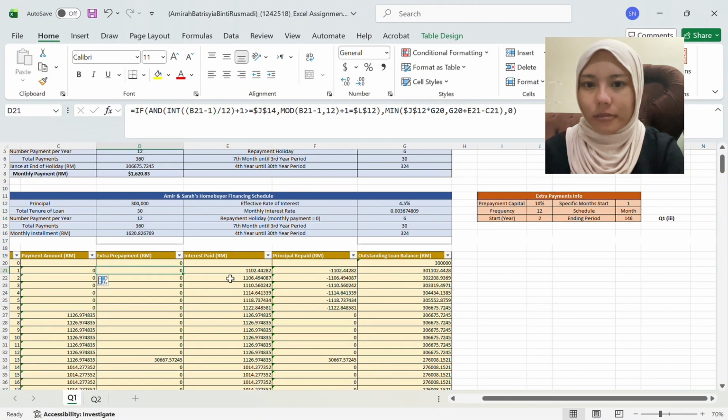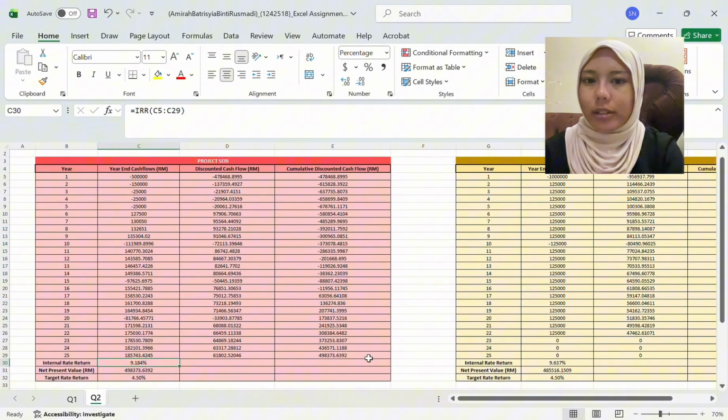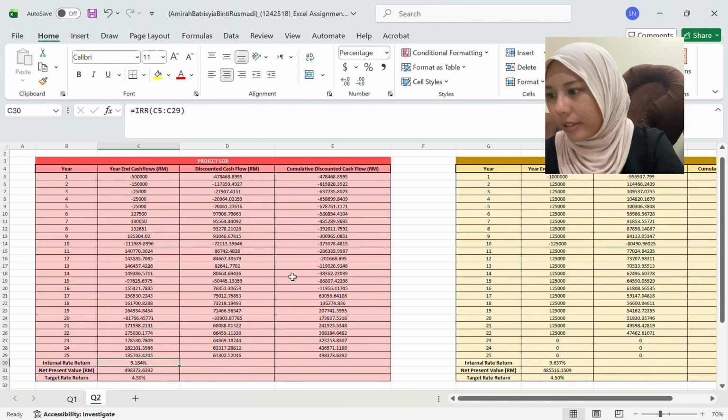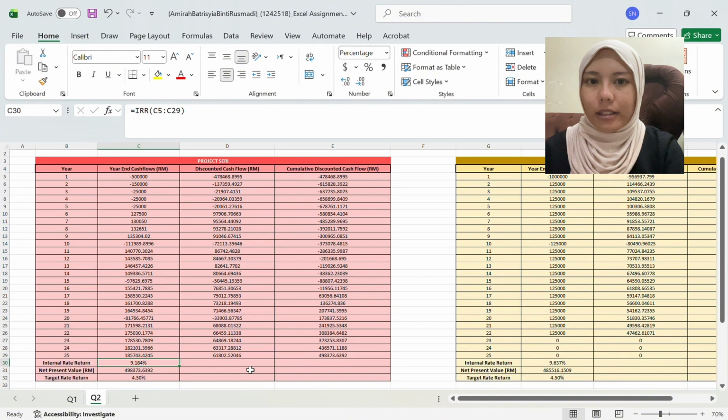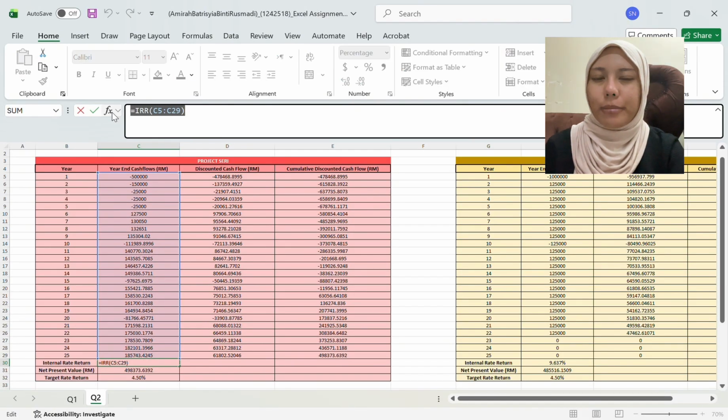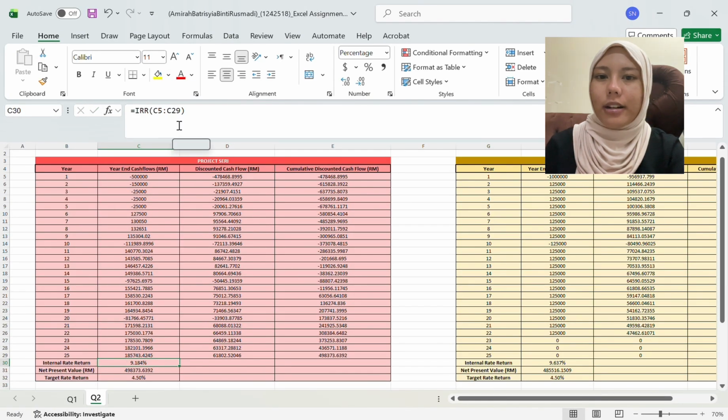So in question 2.1, cell C30 here, calculate the internal rate of return for Project Seri using this formula here. The purpose of IRR is to identify the exact annualized return rate where net present value equals 0.